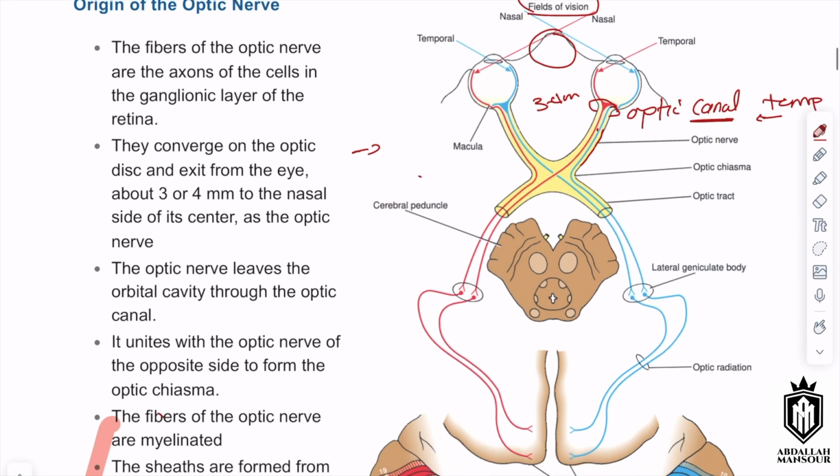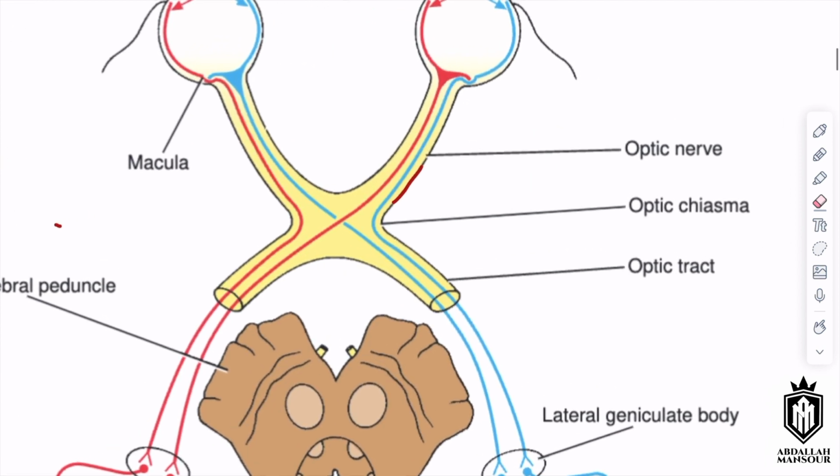We're going to talk about optic chiasma now, but this diagram is particularly good for one thing. You can identify here, I'm going to start with red, that the fibers from the nasal side of the eye, of course this is the nasal side, come all the way down, and then they cross to the other side.